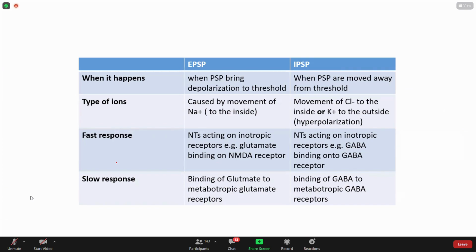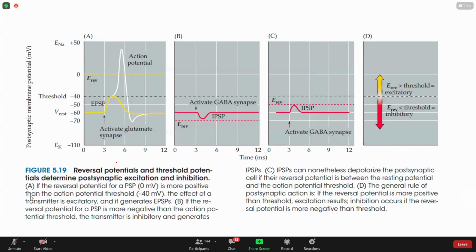So this is just what I explained. It will be an excitatory postsynaptic potential when, for example, glutamate binds to the NMDA receptor. This creates an excitatory postsynaptic potential, which brings the membrane to the threshold in order to generate an action potential.